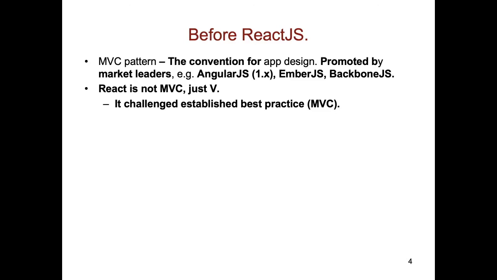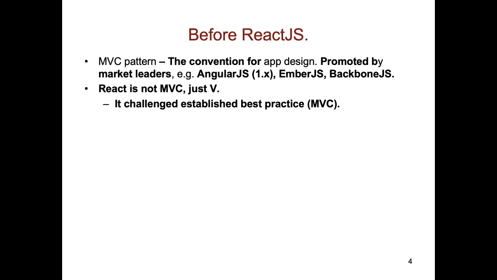The React engineers, the people that developed it from day one inside Instagram, decided that they were not going to follow MVC. And they decided that they were only going to concentrate on the V part of MVC. MVC, I should remind you, stands for Model View Controller. Whereas the other frameworks, its competitors at the time, tried to incorporate everything, both the model part and the controller part.